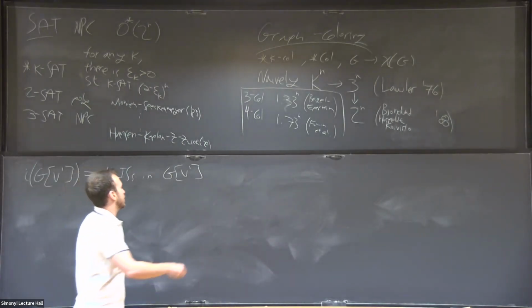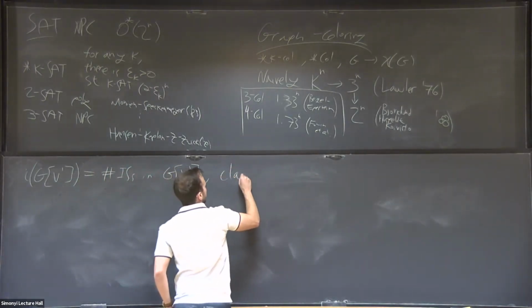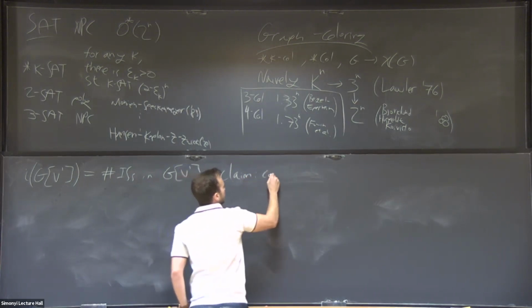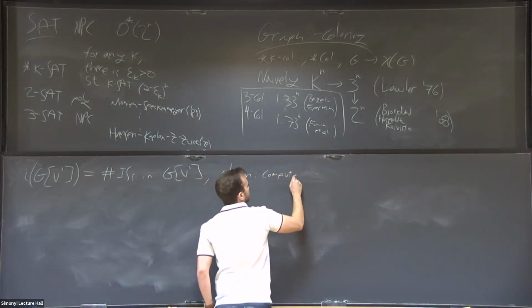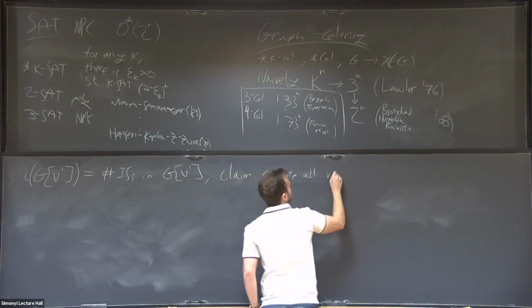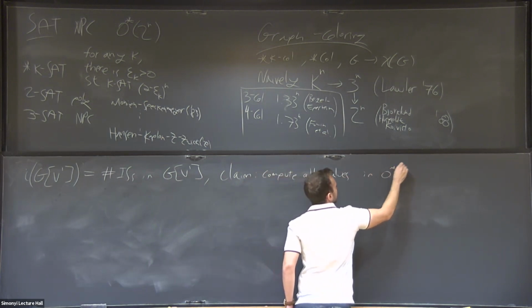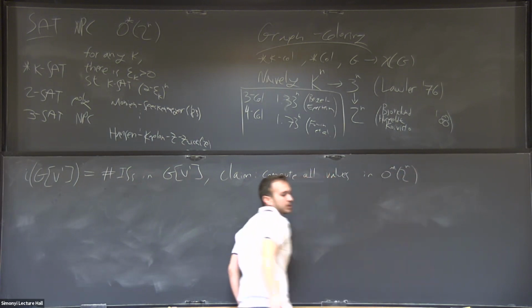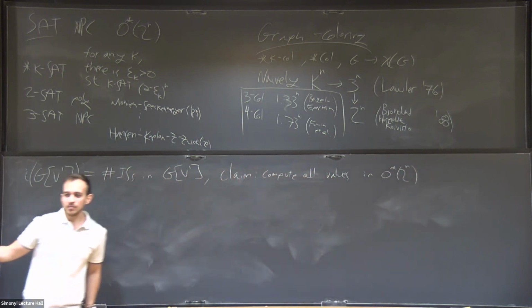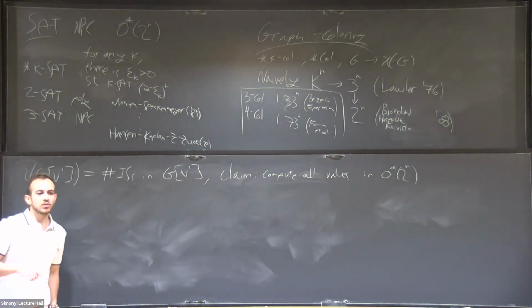Okay, and my claim is that we can compute all values in roughly 2 to the n time. How come? Because of what we just saw.